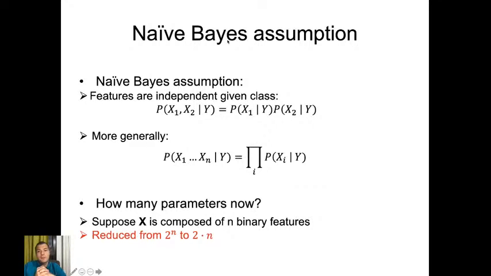The assumption is based on a naive assumption that the features are independent given the class, right? So instead of computing this probability, we just estimate it with this product of probabilities. And if indeed the features are independent, this is actually true. Of course, in practice, this doesn't really happen.